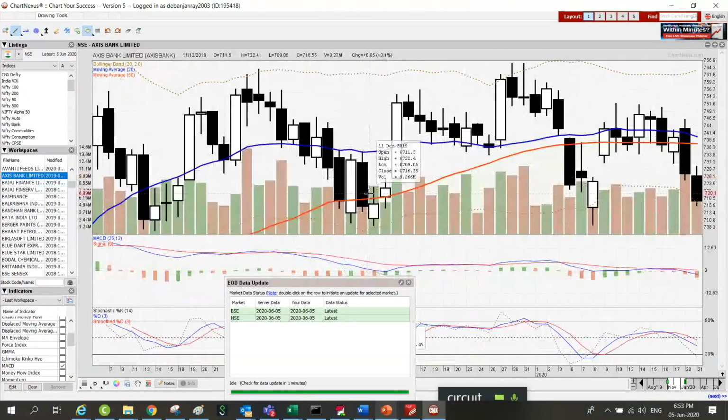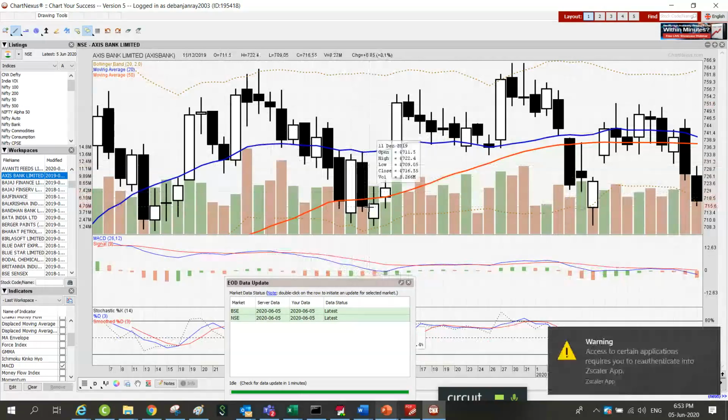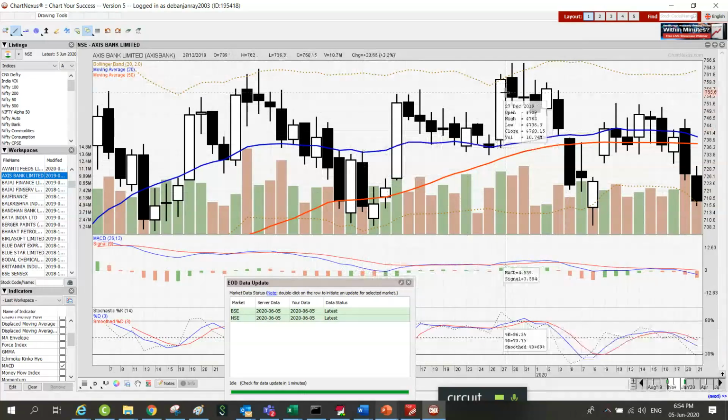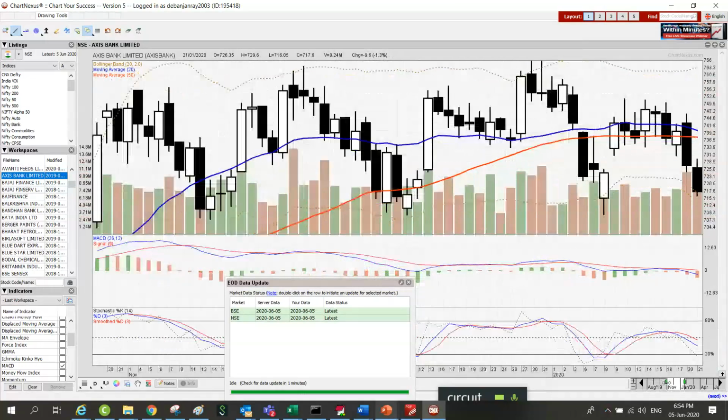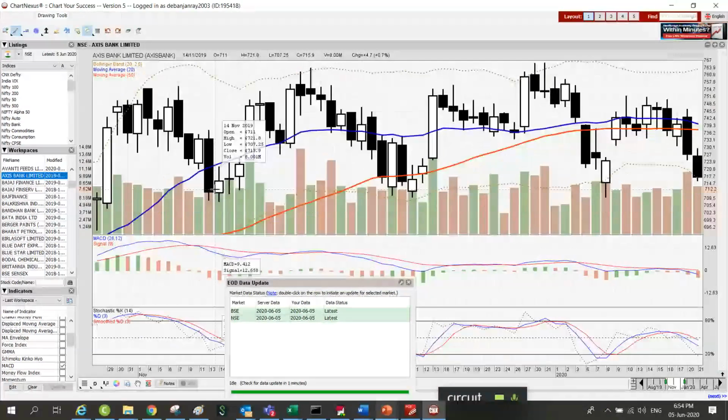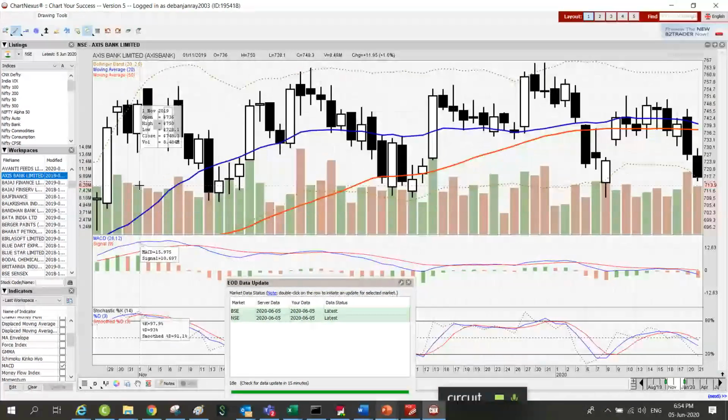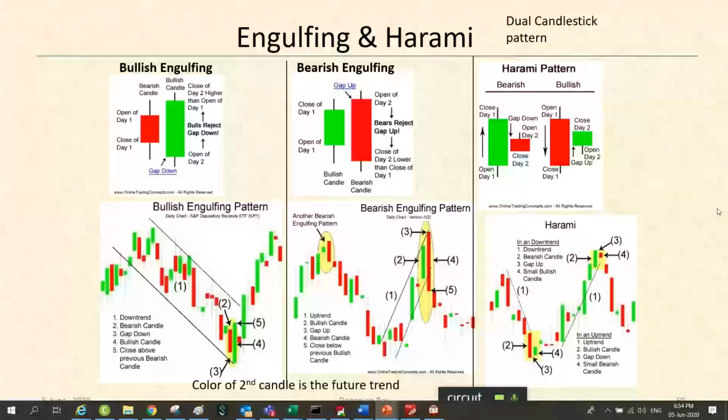You can see it is appearing in the downtrend, and this one's body is less than the previous one, then it is going to rise. A similar characteristic almost has appeared here. It is also appearing here. If you go a little bit before, it is falling down, falling down, falling down, then this body is less than this. This is a very common pattern. You will find innumerable examples of this pattern. Any question till this point?